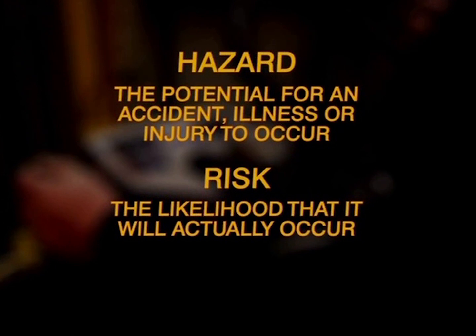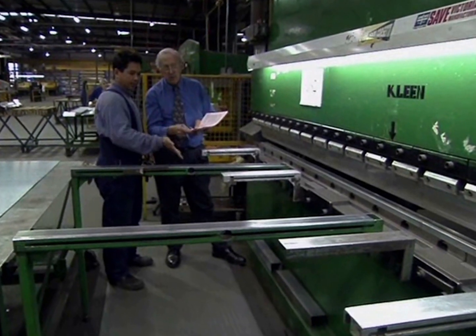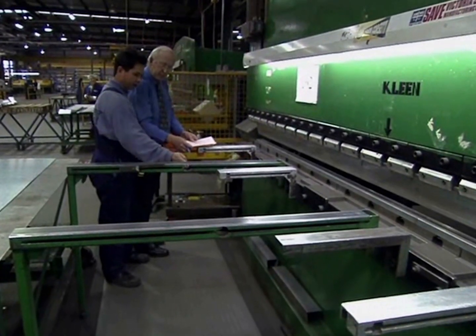So, this evaluation process should examine in detail both the potential dangers and the actual likelihood of an accident, illness, or injury occurring. The bottom line of the evaluation process is to identify all the risks involved and make decisions on whether or not the risks are within acceptable limits or the hazard must be controlled to reduce the level of associated risk.